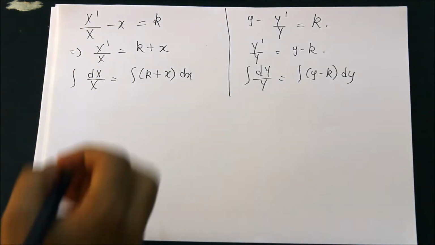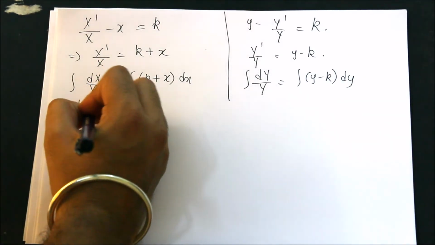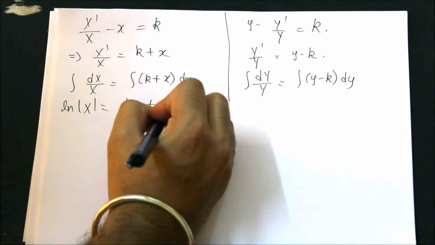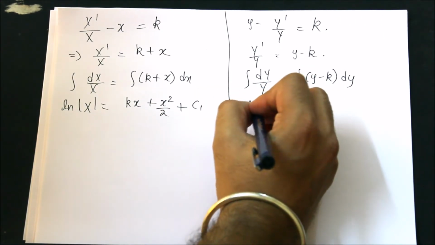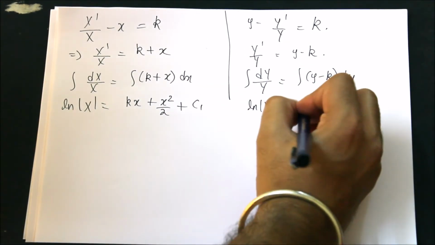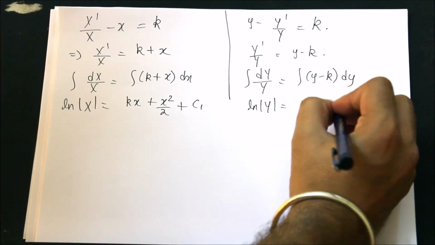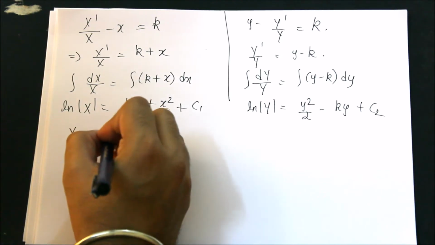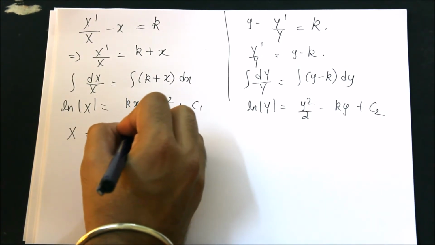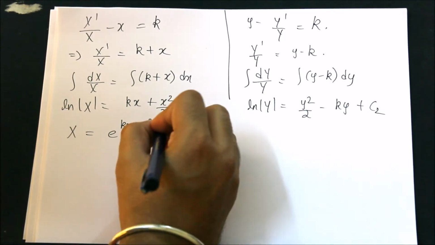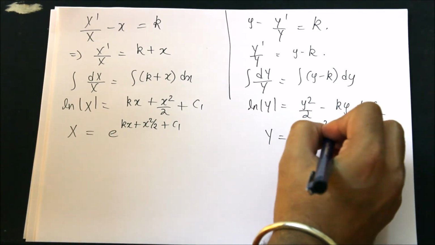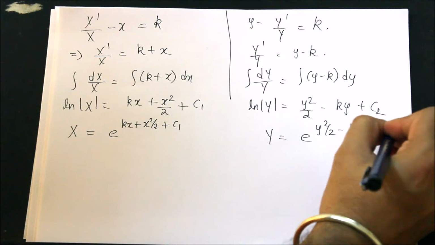This is simple integration. ln of mod X equals kx plus x square by 2 plus c1, and ln of Y equals y square by 2 minus ky plus c2. Taking exponential on both sides, X equals e raised to kx plus x square by 2 plus c1, and Y equals e raised to y square by 2 minus ky plus c2.